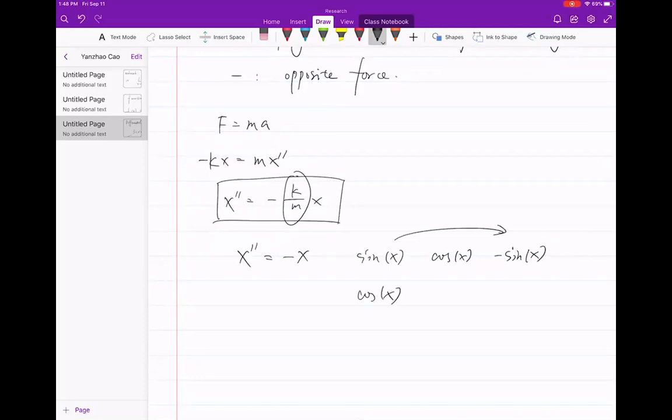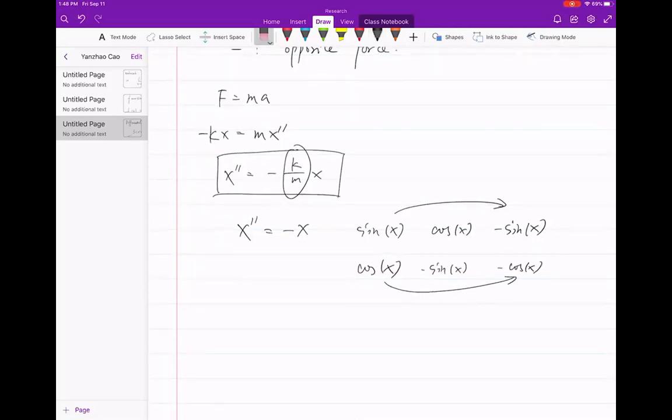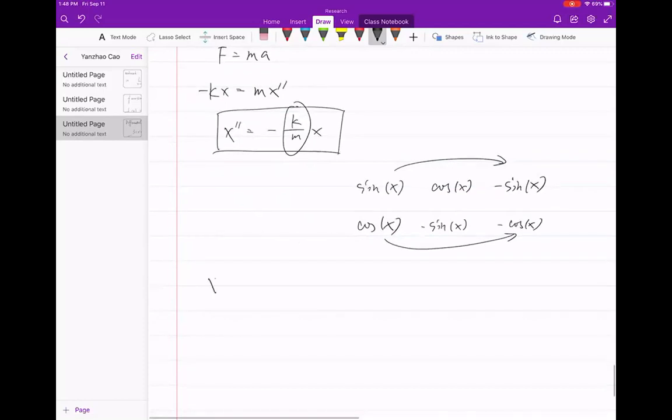And by a quick calculation, it also works. Okay. That will be the solution. Of course, you have a constant, so you have to multiply by something here. So if you do it twice, it becomes k over m. Therefore, we want the square root.